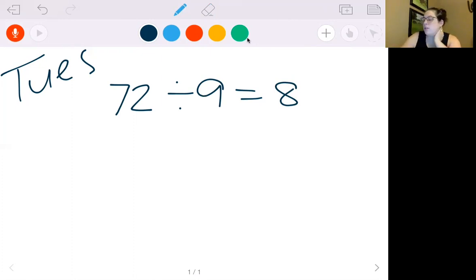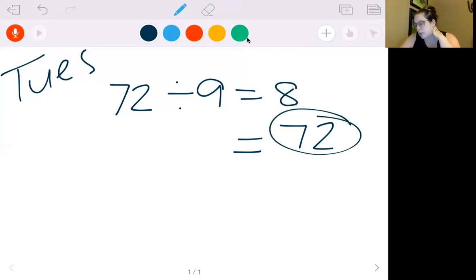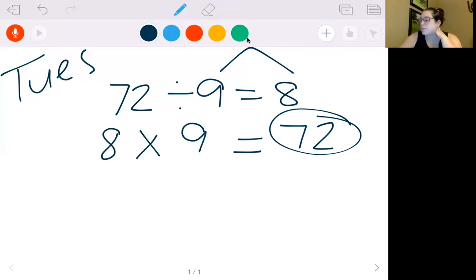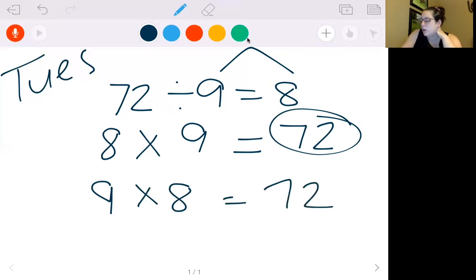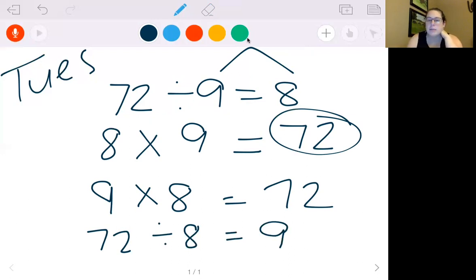So if I wanted to do the opposite of this, I want to equal 72. Remember when we talked about multiplication? The whole idea with multiplication is to get bigger, to multiply. So if we equal, we're going to have to put our bigger number here. And then we use these other two, 8 times 9. I can also do 9 times 8 equals 72. Or 72 divided by 8 is 9. You did something like this on your weekly workouts a couple months ago.